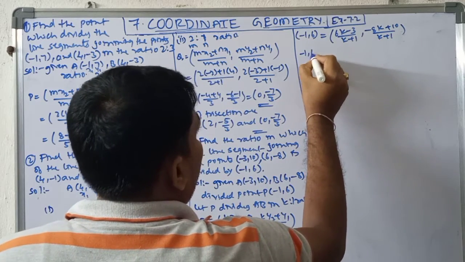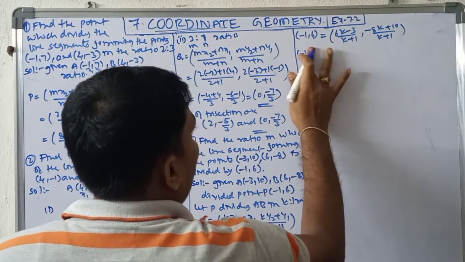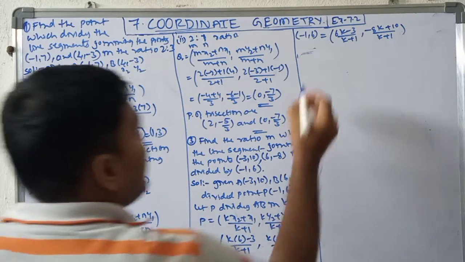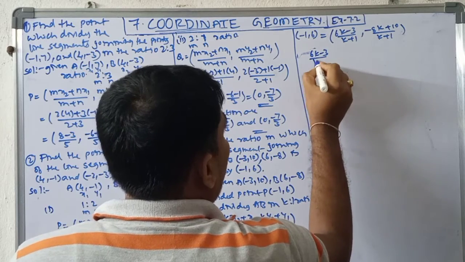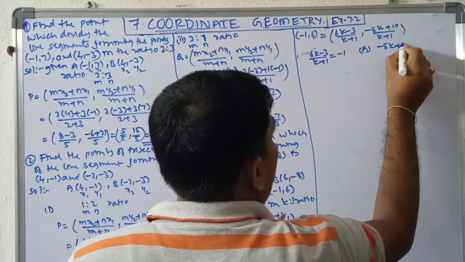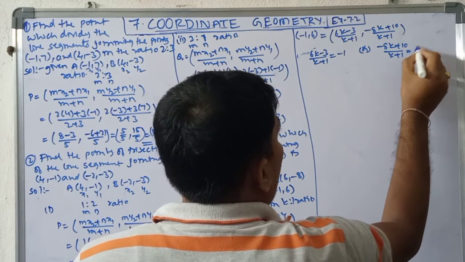So when two points are equal, the corresponding coordinates are equal. (6k minus 3)/(k + 1) equals -1, or (-8k plus 10)/(k + 1) equals 6.